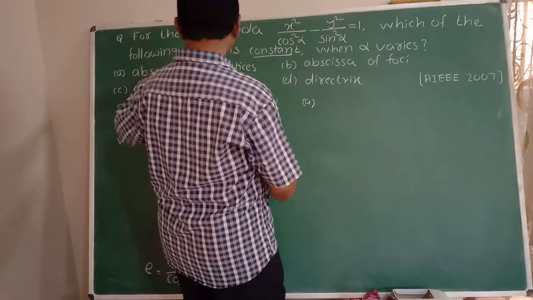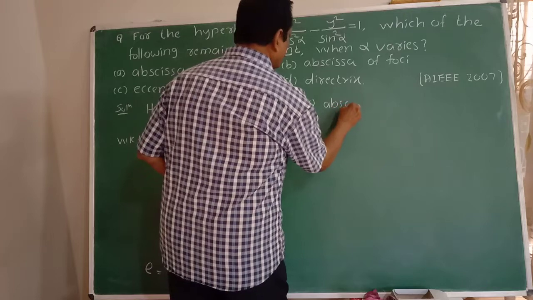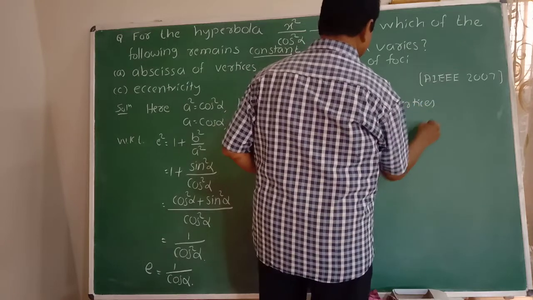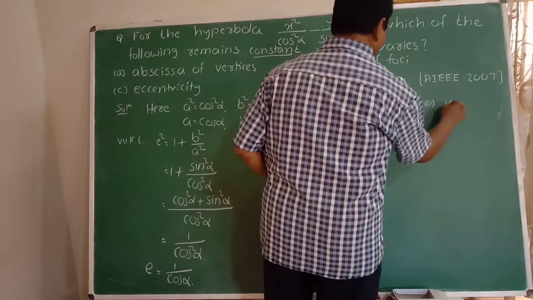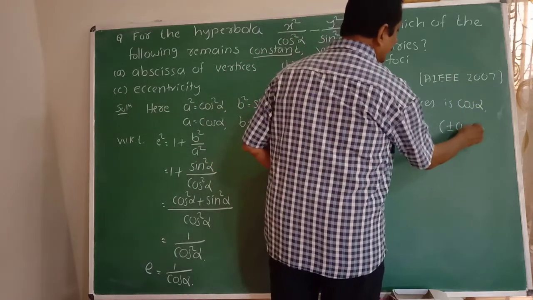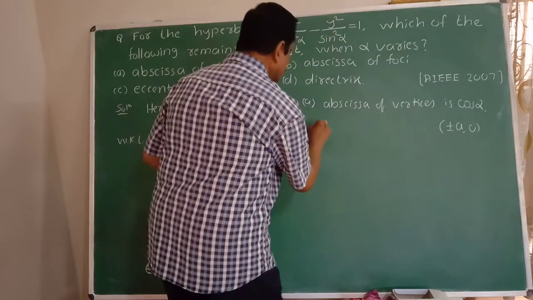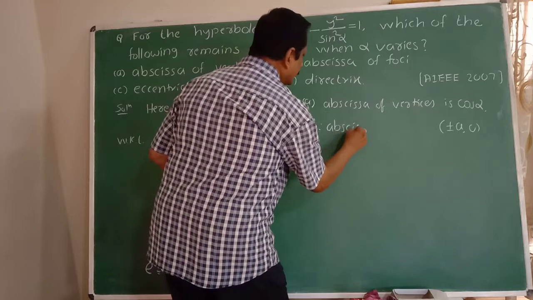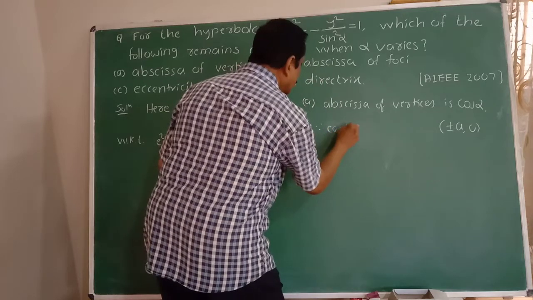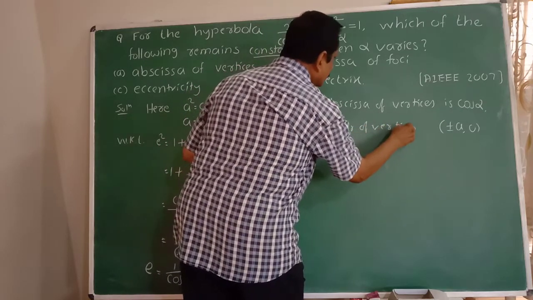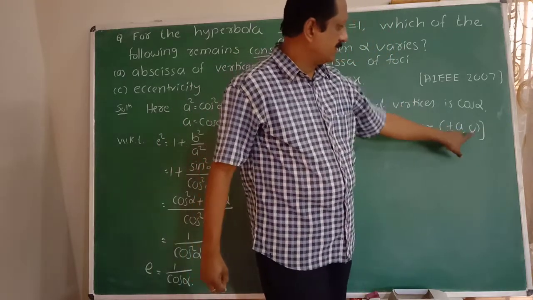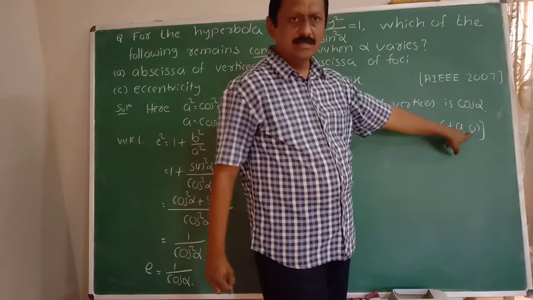Again this is not correct here, because you know that the coordinates of vertices are plus or minus a comma 0. Here a is the abscissa and here 0 is the ordinate here.